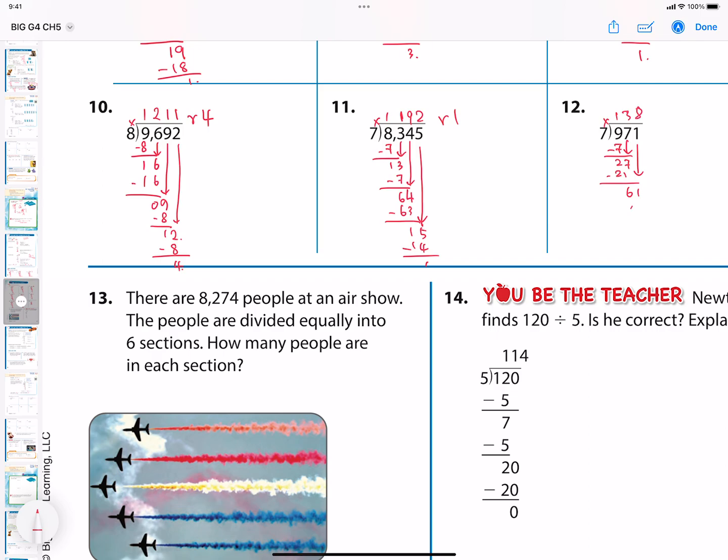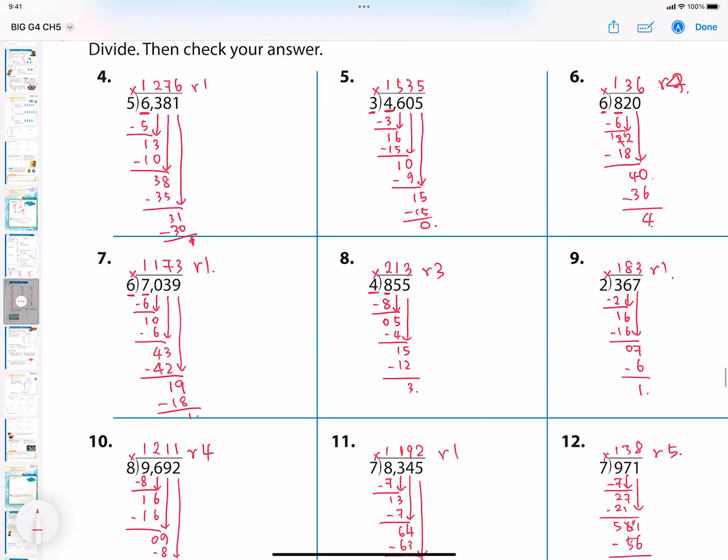But 7 times 9 is too big a number, bigger than what we have. You have only 61 cookies. You cannot give 63 cookies from 61. So you need to go for 56. We are going to regroup it. Remainder is 5.